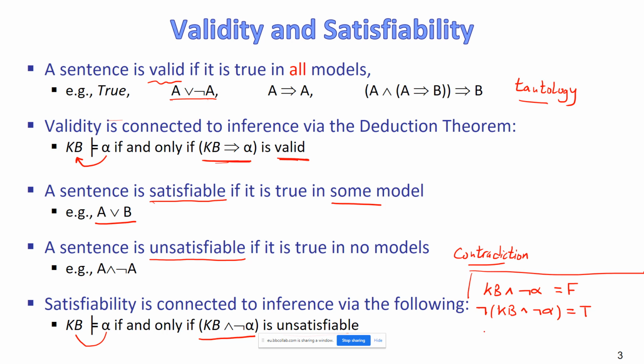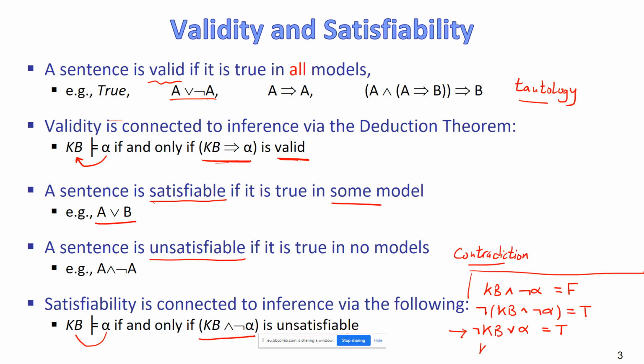By De Morgan, we can say that this means knowledge base or alpha, sorry, not knowledge base or alpha is true. Remember what I said earlier when we talked about the equivalences, the identities, the laws of propositional logic. What is that equivalent to?